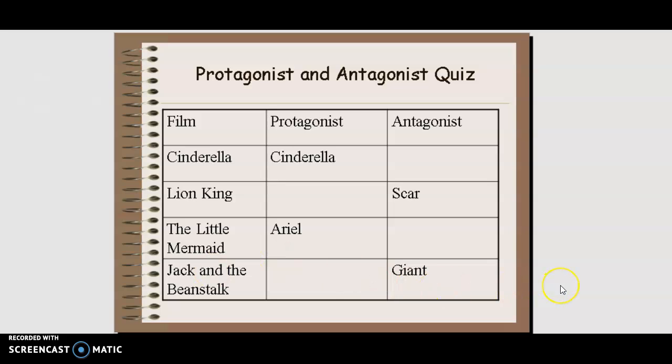Jack and the Beanstalk. The giant is the antagonist, and we don't know the protagonist. Let's think about this for 20 seconds.